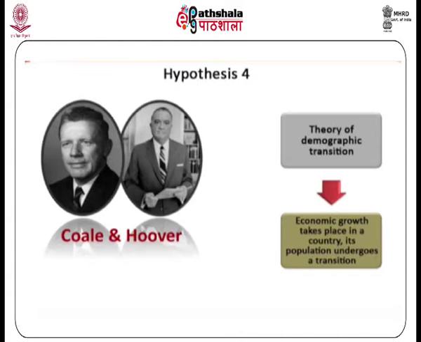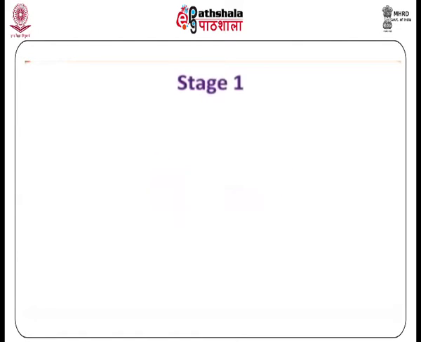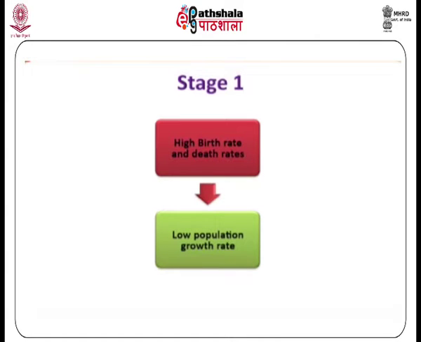There are three such stages in demographic transition or population growth. Both the birth rates and death rates are high, which implies that the rate of growth of population is low.